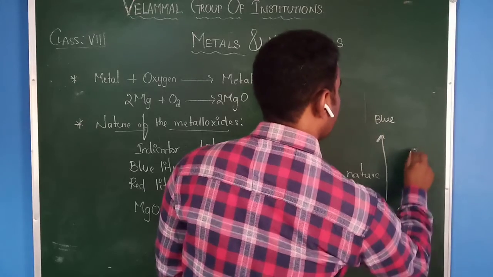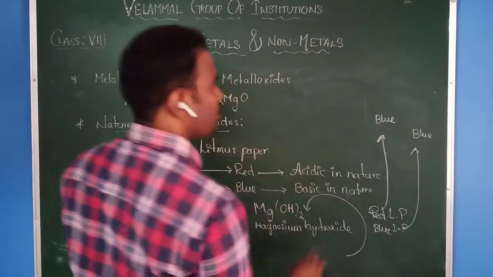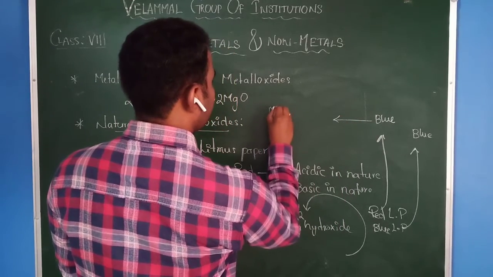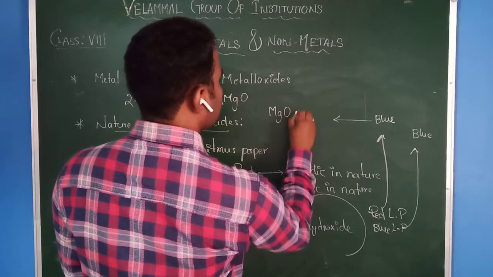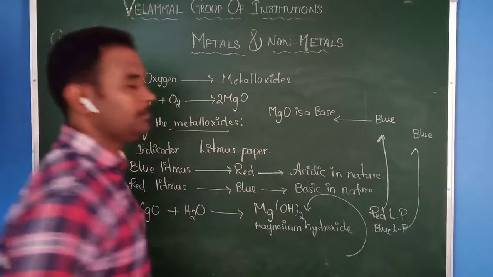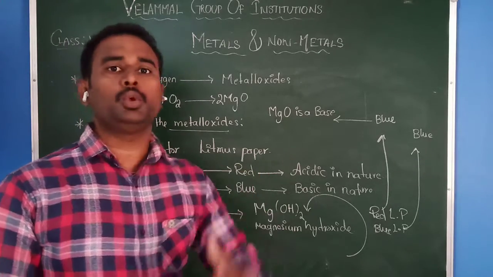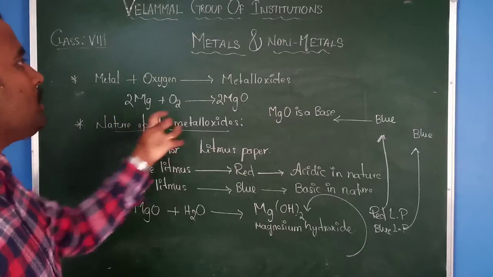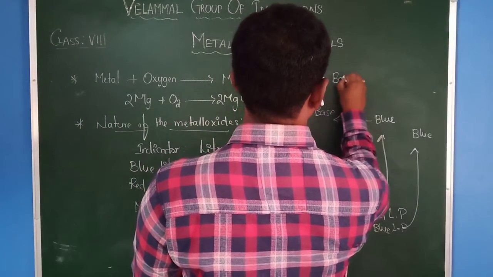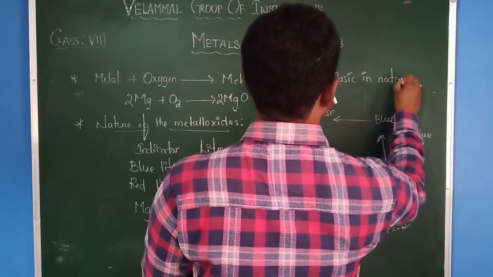You cannot observe any change in the blue litmus paper. Based on this, we can conclude that magnesium oxide is a base. Based on this identification test, we can conclude that metal oxides are basic in nature.